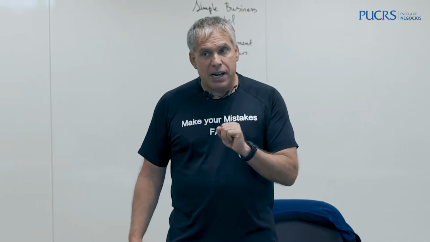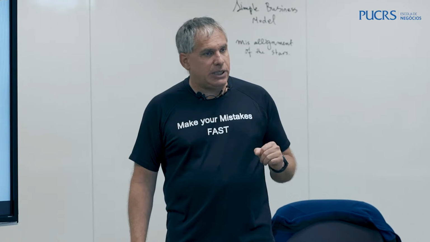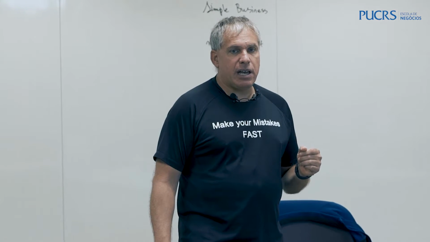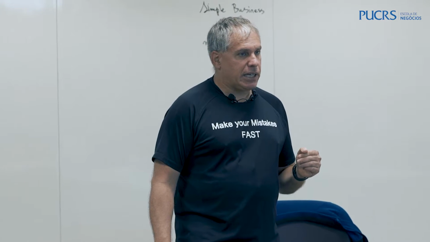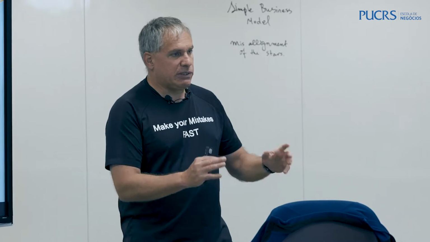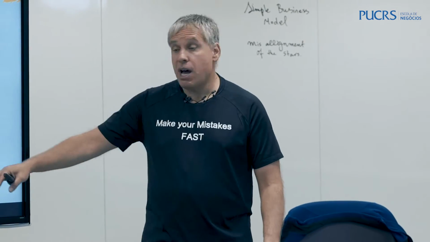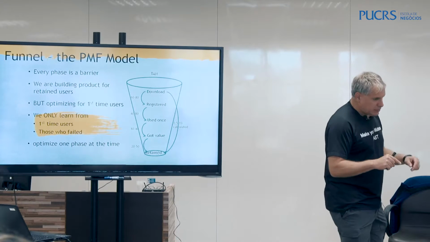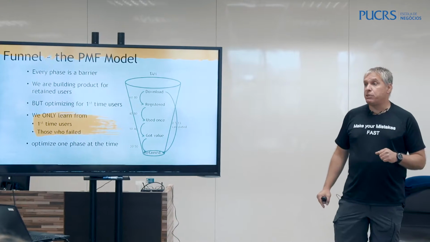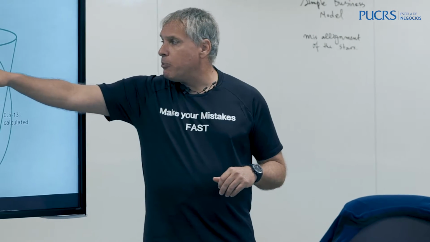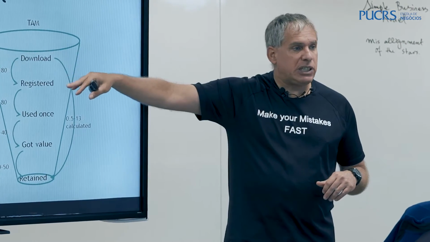The other part is that we can only become market leader if we eventually have word of mouth, if people are telling other people, oh, you should download this app, or you should use this app. Every time that you come back and get value, it's a new opportunity for you to tell other people. Now, I marked what the likelihood is of moving from one phase to another here.